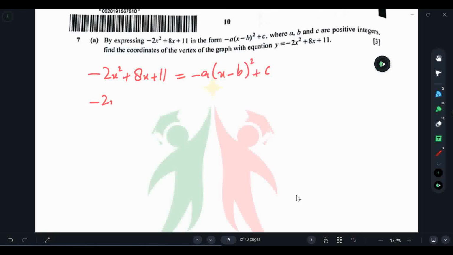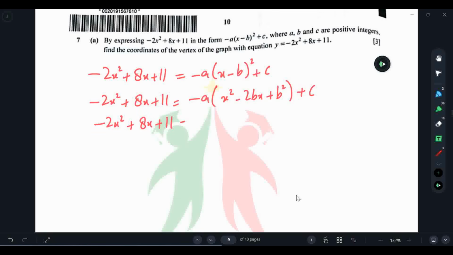So minus 2x² plus 8x plus 11 is equal to minus a(x² minus 2bx plus b²) plus c, so minus ax² plus 2abx minus ab² plus c.